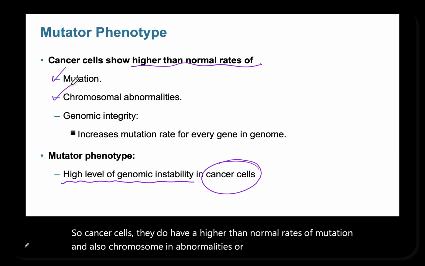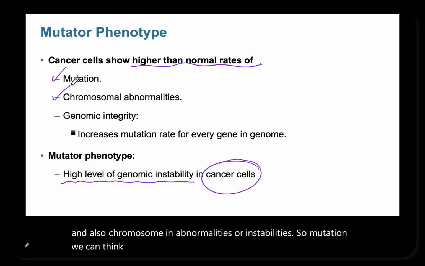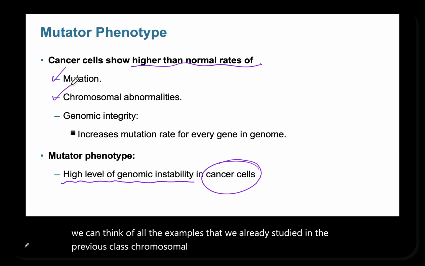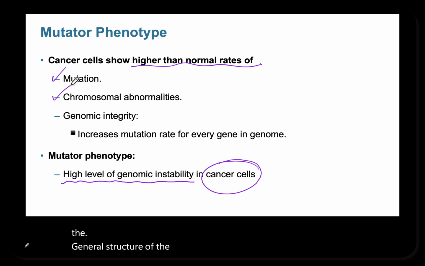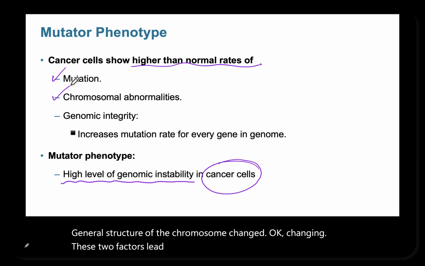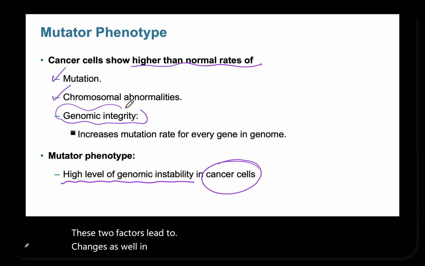For mutation, we can think of all the examples that we already studied in the previous class. In chromosomal abnormalities, we can think of the general structure of the chromosome changing. These two factors lead to changes in the genomic integrity of that DNA.